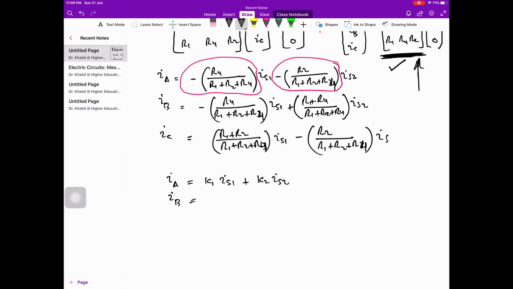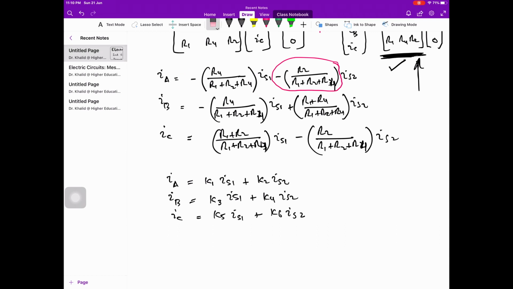Similarly, IB is, let it be, K3 IS1 plus say K4 IS2, and IC is equal to K5 IS1 plus K6 IS2 over here.